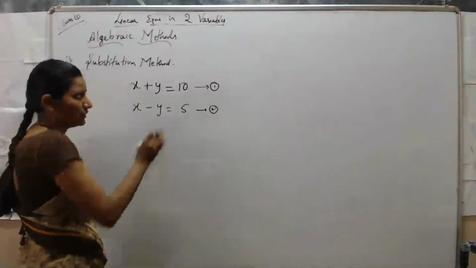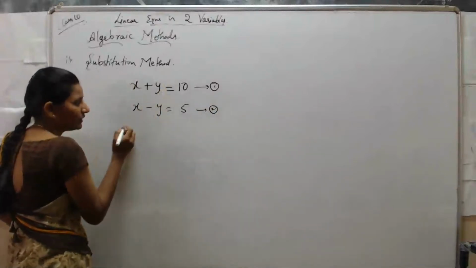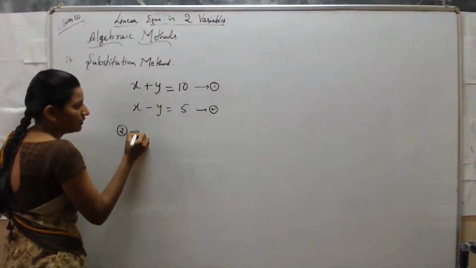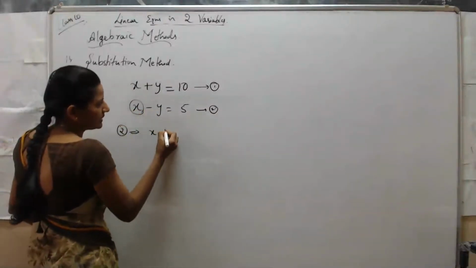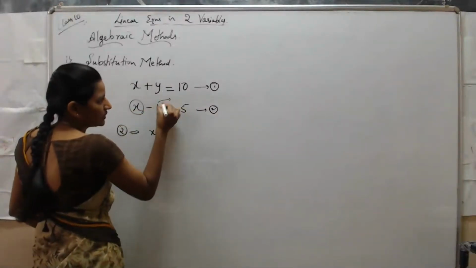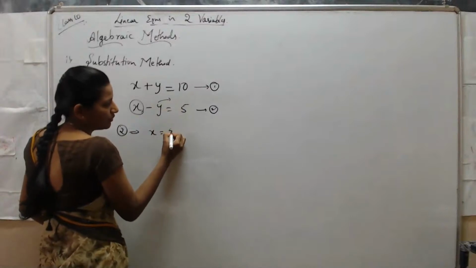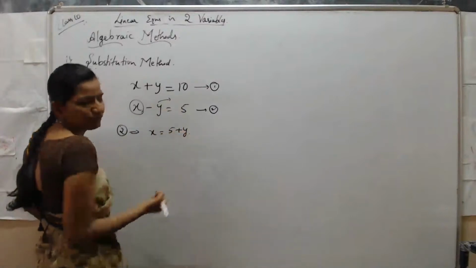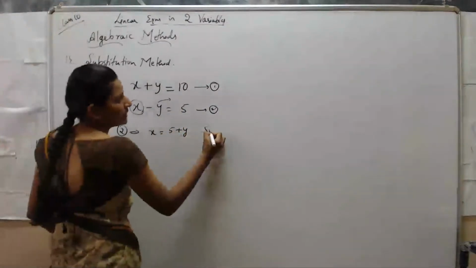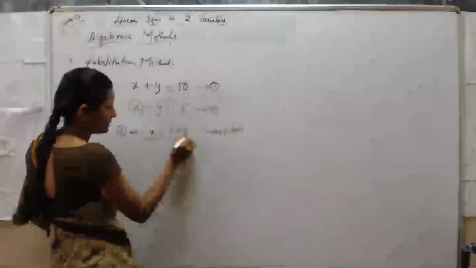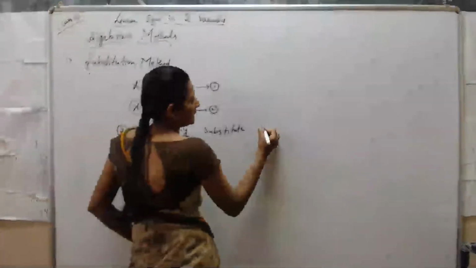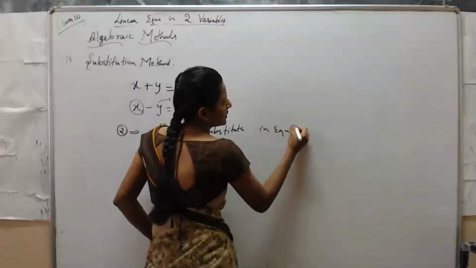Now what we have to do is, from equation 2 we have to solve for any one of x or y. So x is equal to 5 plus y, this comes to the right side. Substitute this, that is equation 2, in equation 1. This is the substitution method.